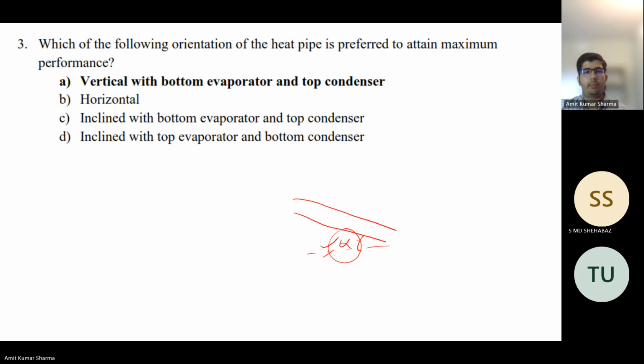Any answer? Any answers, Sahbaz? What do you think?